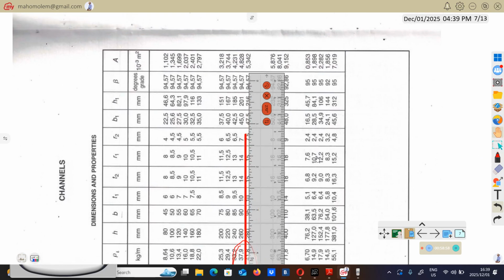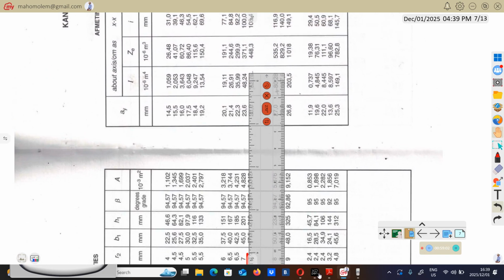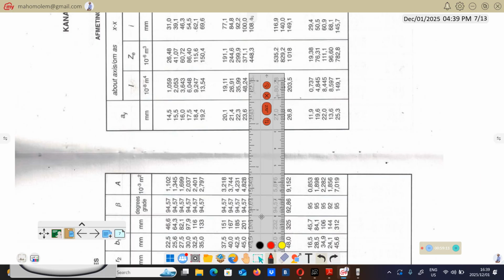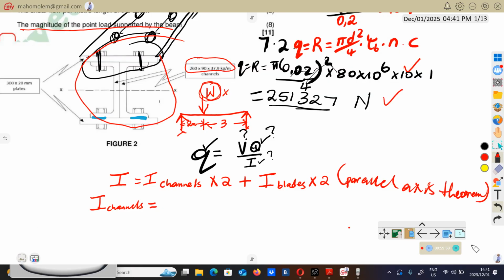Remember, we're looking for I. So the corresponding I for this size is this one, 48.24. That is the I, XX. So it's 48.24.